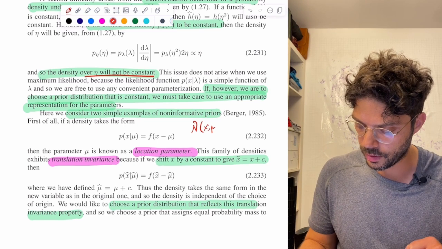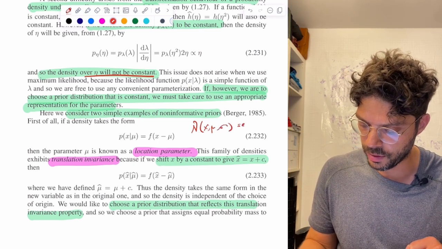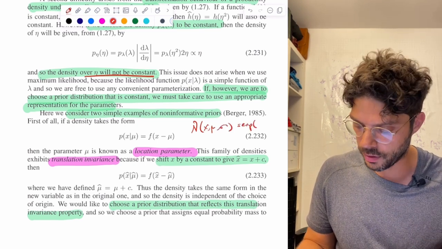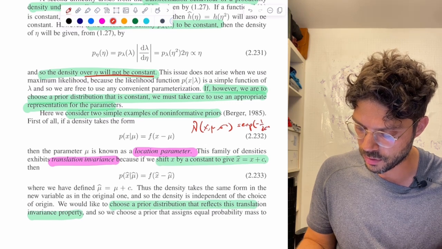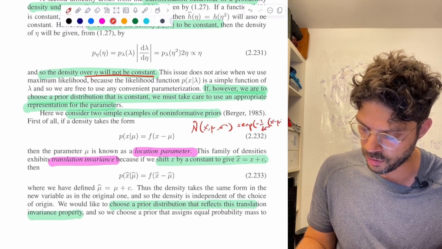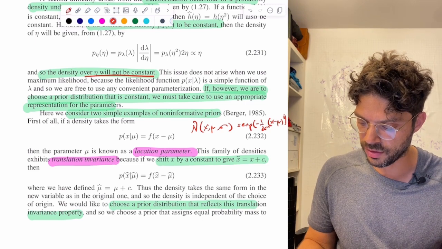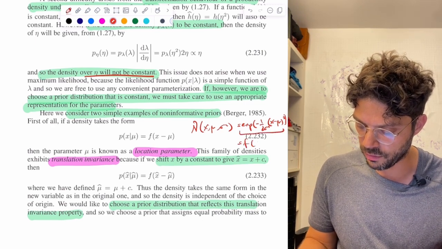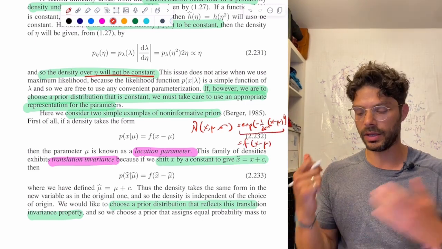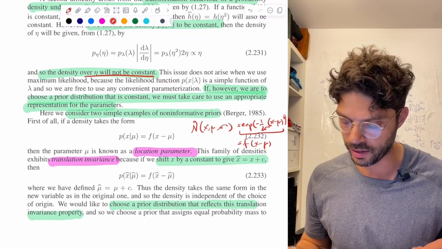Let's say we know the variance. Well, this is going to be exp, dropping the normalizing terms, of x minus mu squared, right? So this is a function of x minus mu. This is a classic example, I think the motivating example here.